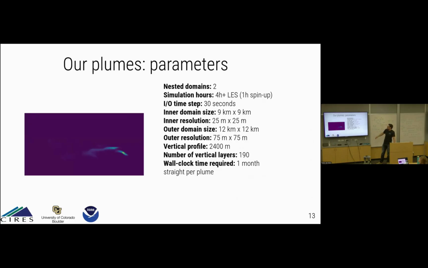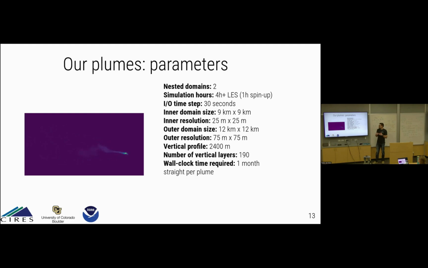So those are the technical parameters of our simulations. I think the most important things here are we were simulating a 9 kilometer by 9 kilometer domain with a resolution of 25 meters effectively. And our vertical profile was 2.4 kilometers, 2,400 meters, and 190 vertical layers.